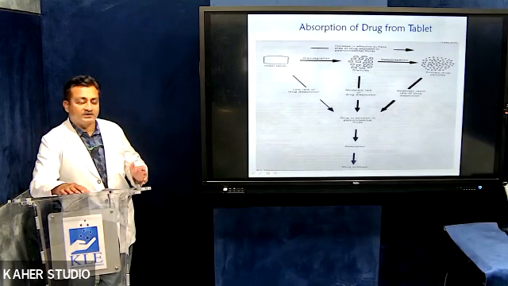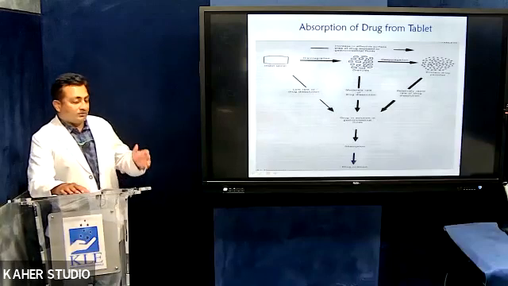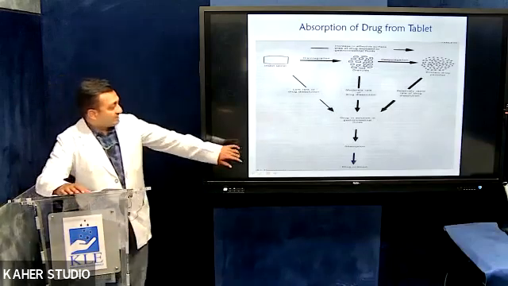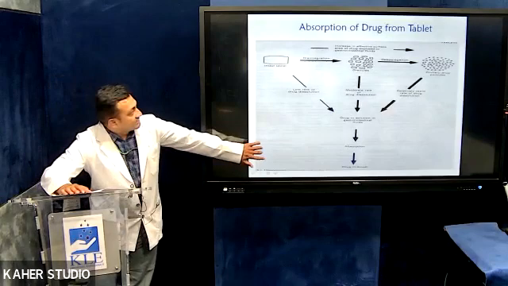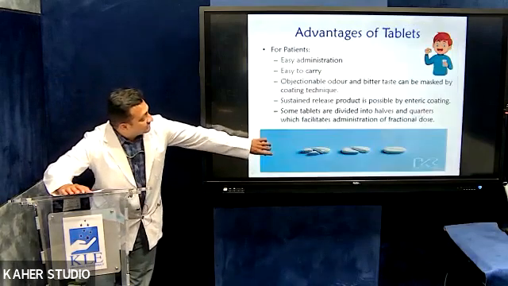It gets dissolved in the particular solvent or dissolution medium, and then absorption takes place, and after absorption it is circulated throughout the body. So this is how the drug in the tablet is absorbed in the body.